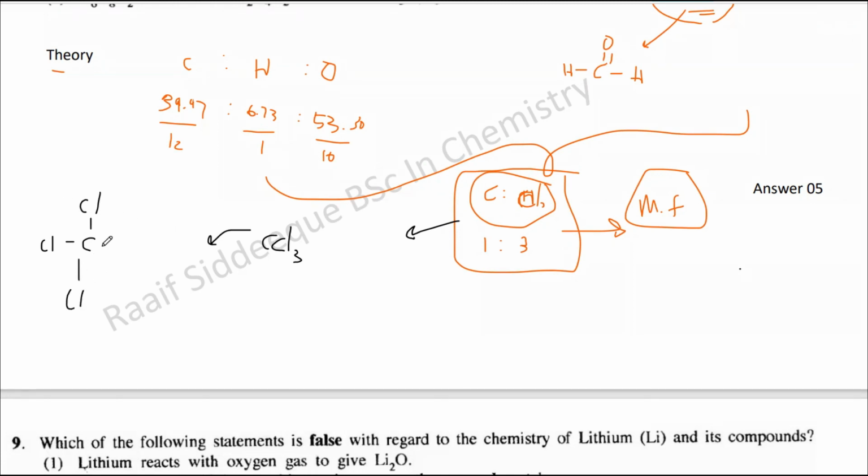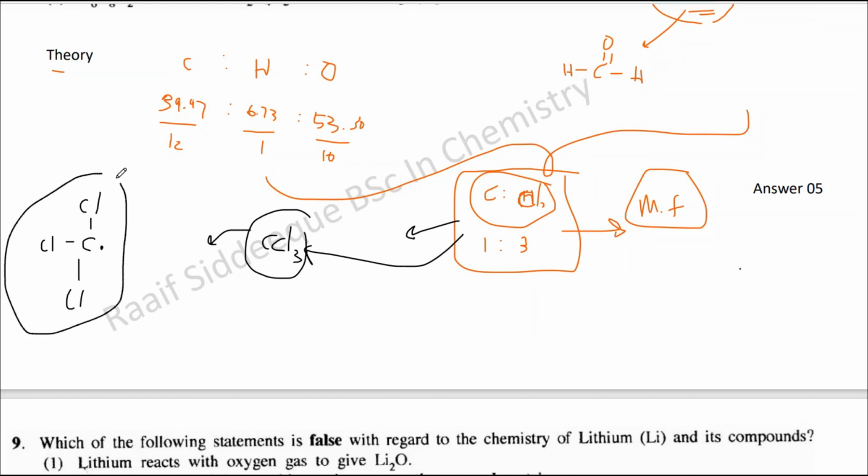But carbon in the valence shell, there is another electron that is present. So according to this stoichiometry, if you think the formula is CCl3, this will become a radical. This is not a complete molecule. So this is a radical. This is a problem because you don't have radicals.